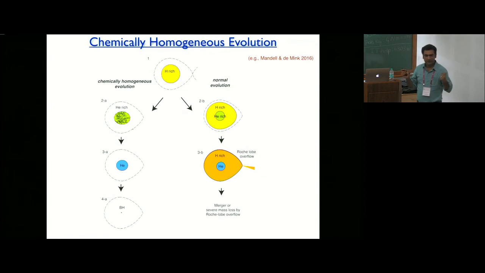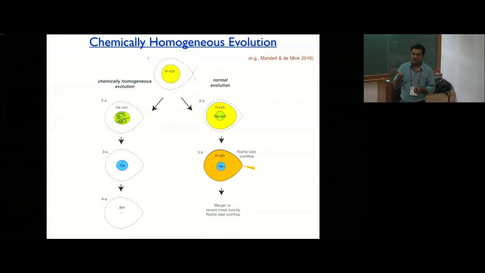Yes, you can mechanically do it. You can make the star spin so hard that these things start mixing. So the centrifugal mixing energy is so high that it can break the barrier.